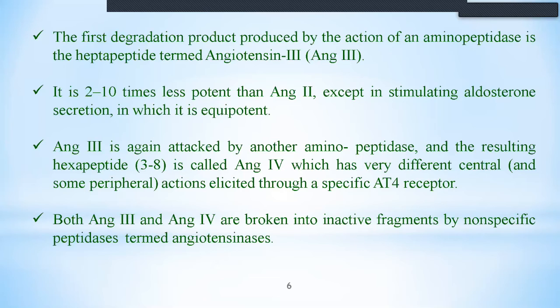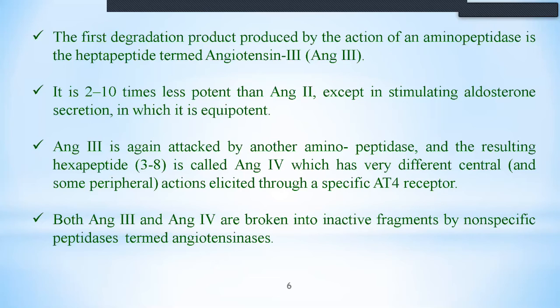So all these are interrelated: renin, angiotensin, and the aldosterone system, regulated by each other's activity, along with the angiotensin converting enzyme, ACE. Angiotensin 1, 2, and 3 are all biologically active.